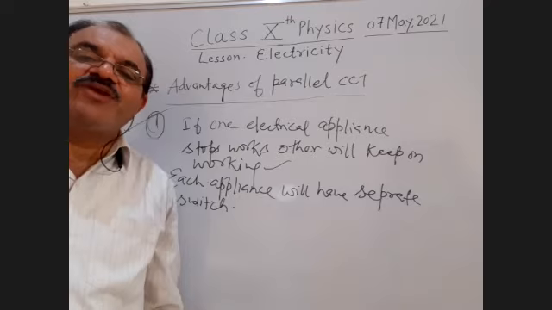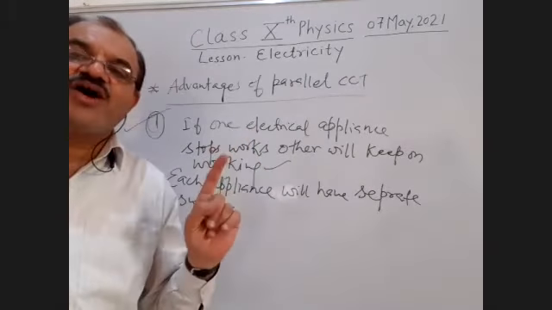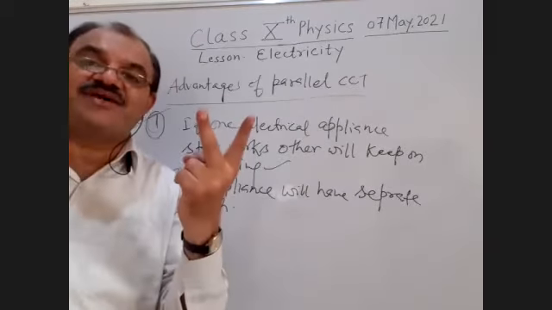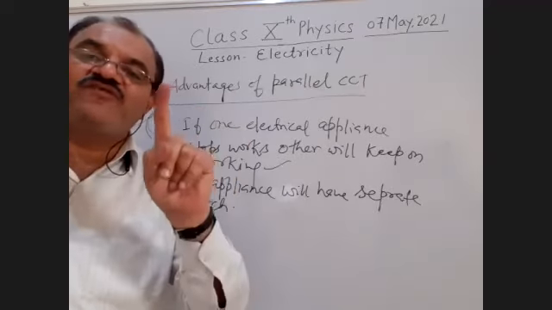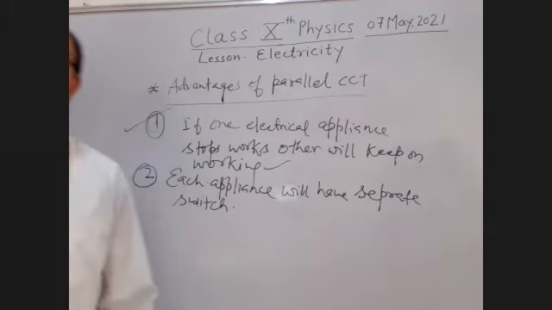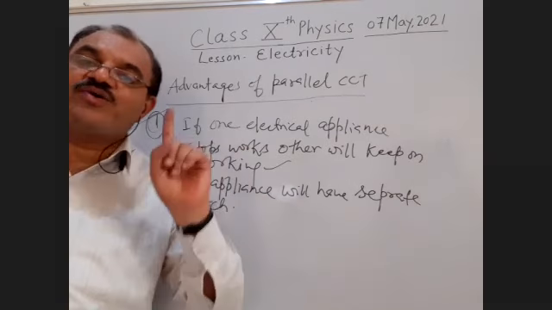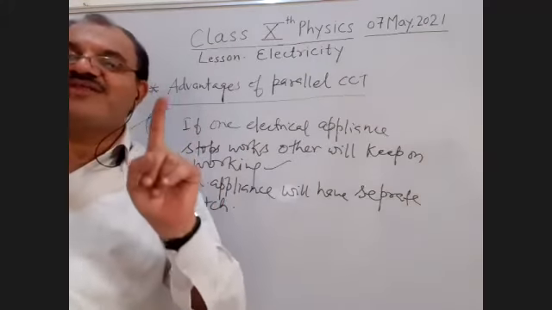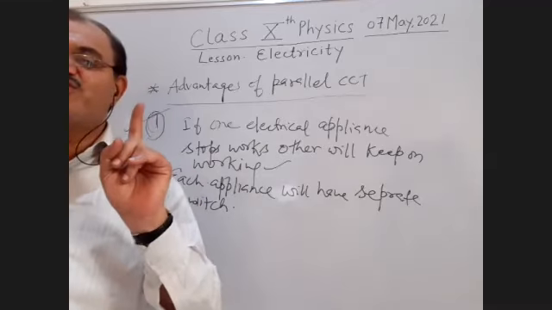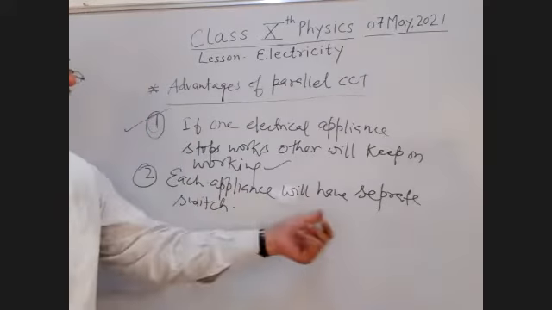For example, you require only a single bulb. Or in the room there are two fans, but you require only one fan to be operated at the time where you are sitting. So if different switches are there, you can switch on only one fan.